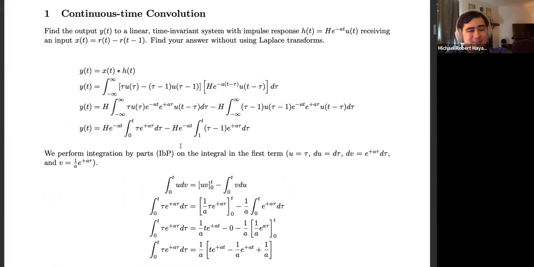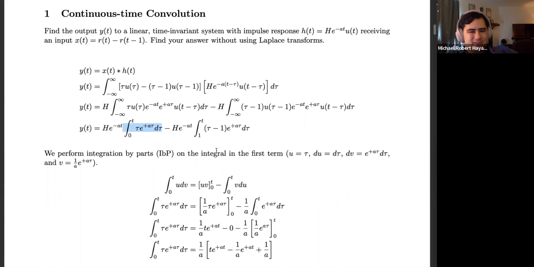We can do integration by parts, IBP, on the integral in the first term right here. So let's see. It's always integral over your bounds u dv. So we want to reduce the order of tau d tau.